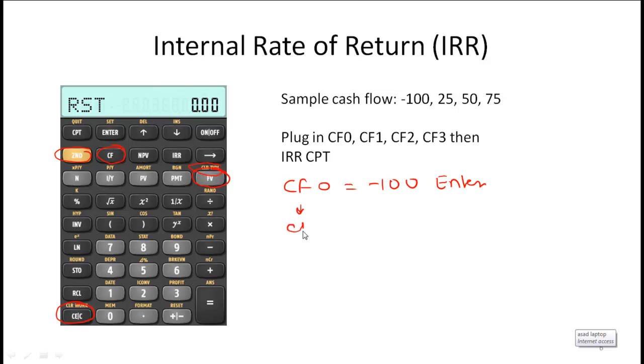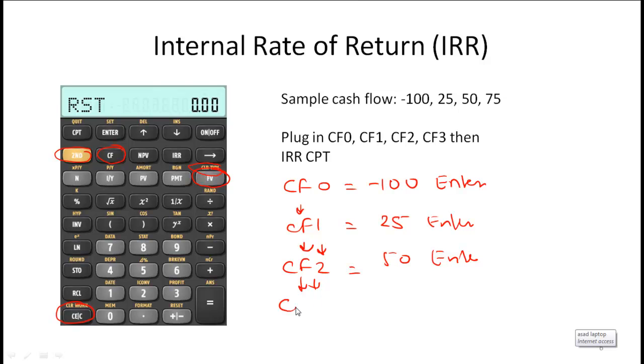So down arrow, then cash flow 1 is equal to 25, then down arrow twice because you are passing past the frequency. Cash flow 2 is 50, again enter, and then down arrow twice.